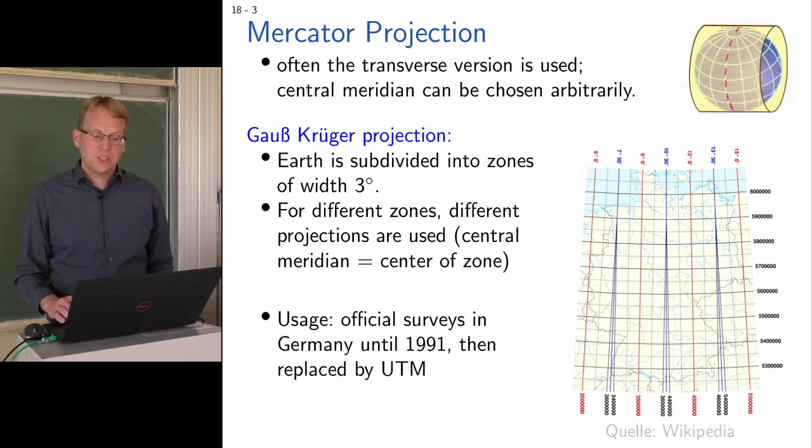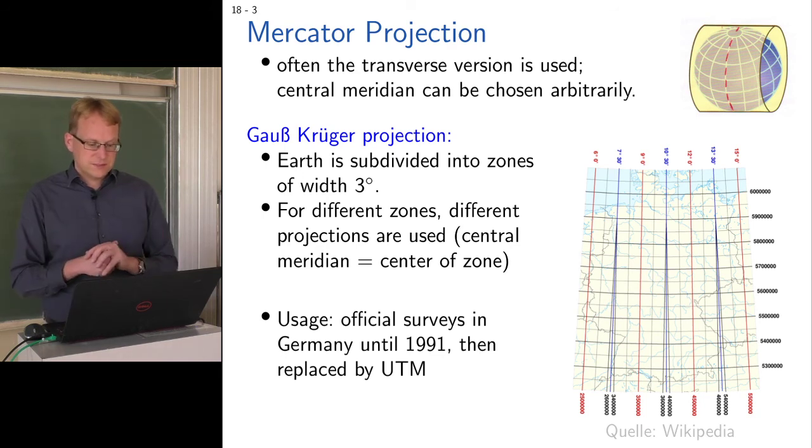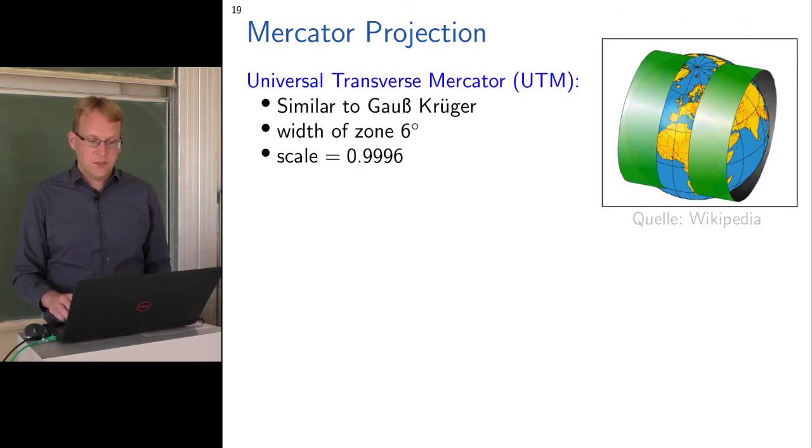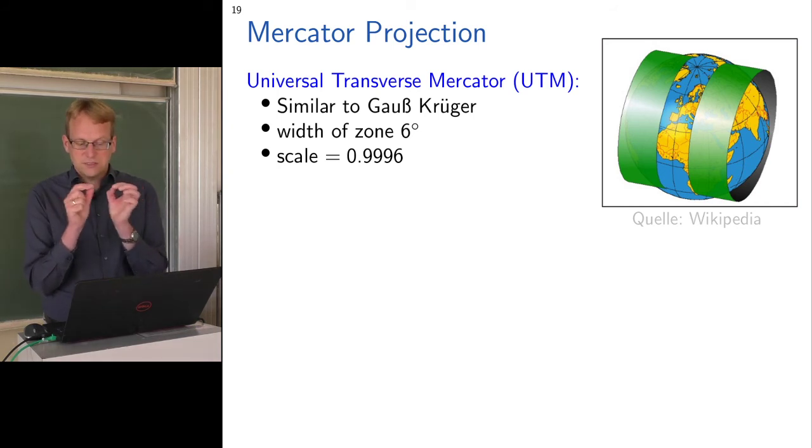This was in use in Germany until 1991. Still, some official points and sometimes these coordinates are still in use, but actually they were replaced by UTM, the Universal Transverse Mercator projection. UTM is very similar to Gauss-Krüger, except that the zones are not 3 degrees wide, but 6 degrees.